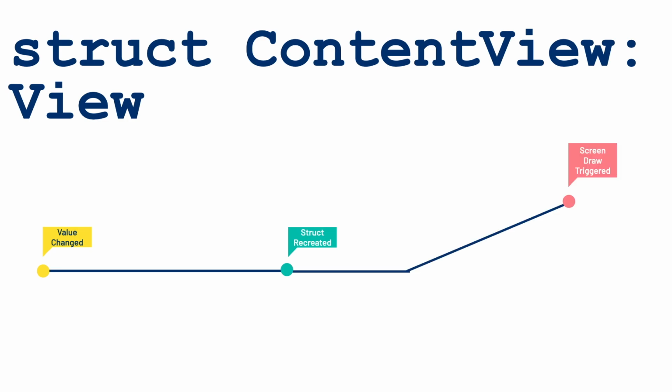Well, that means that SwiftUI has to recreate a new struct every time. So this is what happens. The value on the struct changes, and that triggers the struct to be recreated by SwiftUI. And so that means that SwiftUI is going to redraw the screen based on the new information it has.